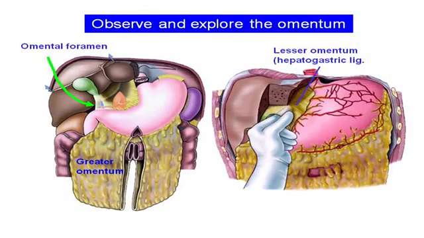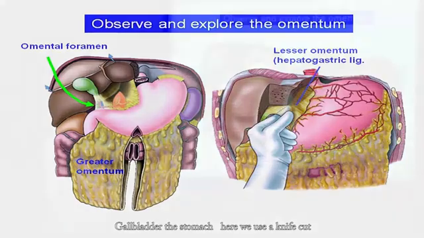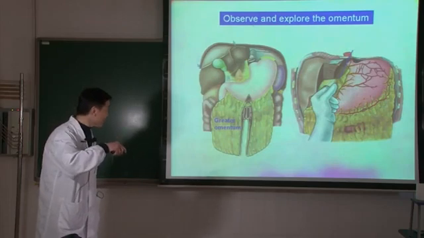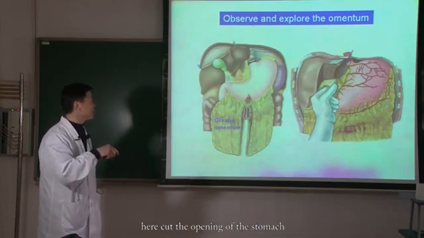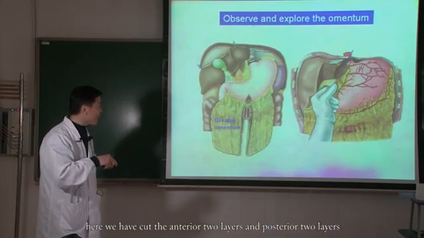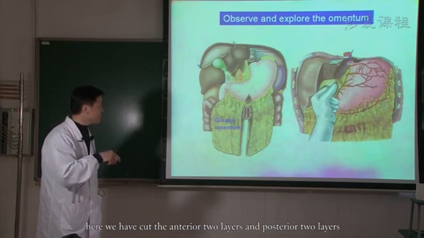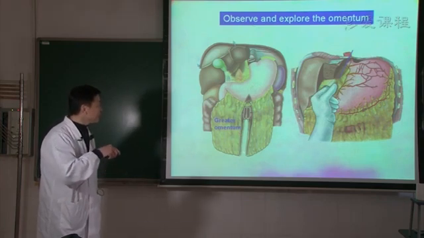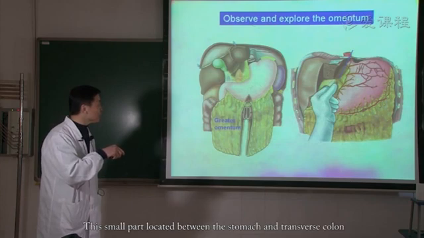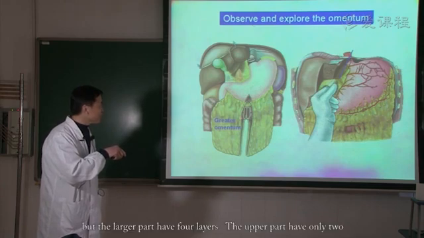Here, liver, gallbladder, stomach. Here we use a knife to cut the opening of the stomach. Here we have cut the anterior 2 layers and the posterior 2 layers. This is the small part located between the stomach and transverse colon, but the larger parts have 4 layers. The upper parts only have 2.